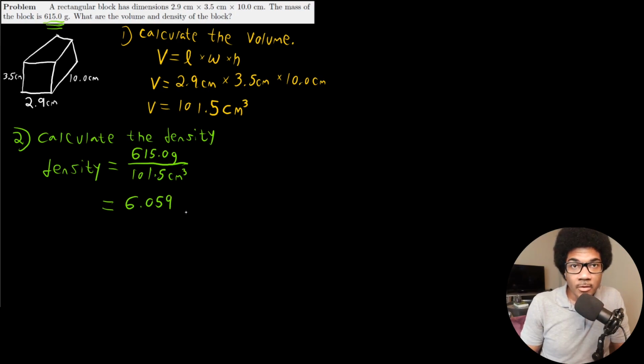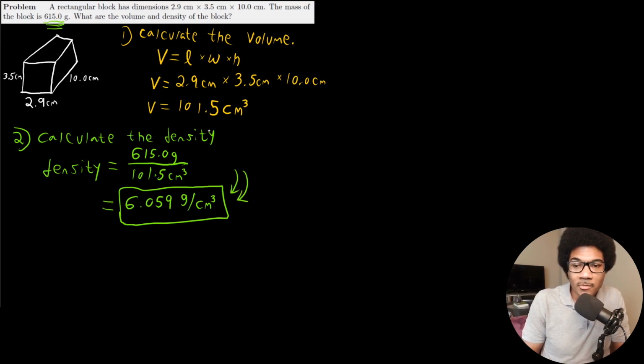The units for density are always reported as mass over volume, so this is grams per cubic centimeter. Whatever this material is, regardless of how much you have of it, this is the density of that material, about 6 grams per cubic centimeter.